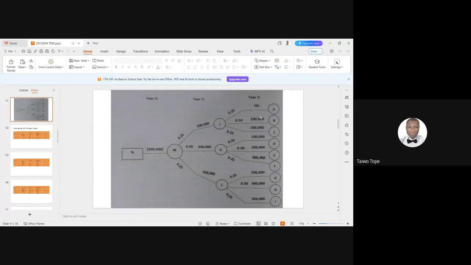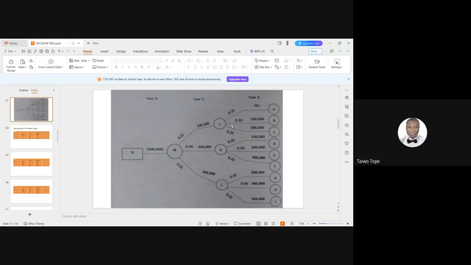Now, the NPV of A is what? 209,100 negative. What is the probability associated with it? 0.25. So 0.25 multiplied by A will give you what? Expected NPV of A, 52.